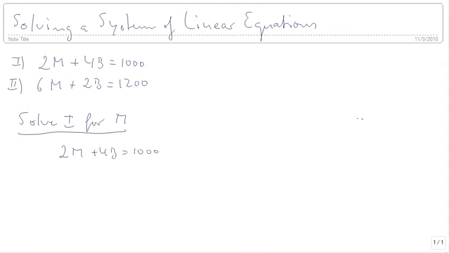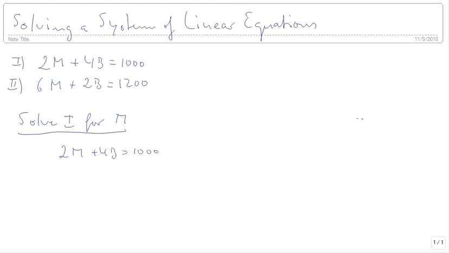You take one of the two equations and you solve it for one of the two variables. So I'm going to take equation 1 and I'm going to solve it for m. So I have 2m plus 4b equal 1000. So I now need to go ahead and solve that for m.